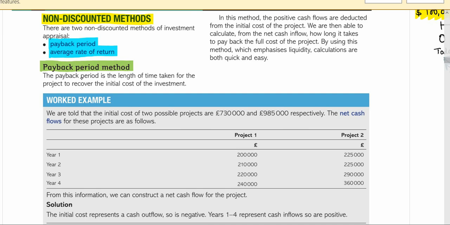The payback period is the length of time taken for the project to recover the initial cost of investment.